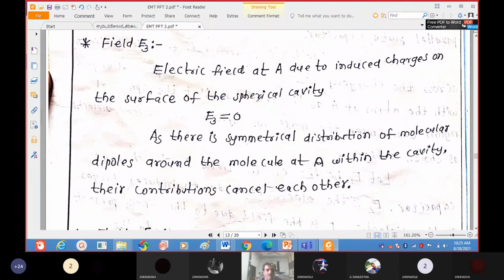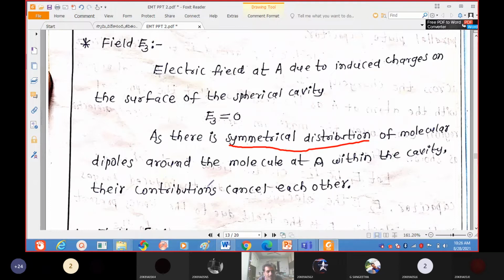Now electric field E3. What is E3? Inside the spherical cavity there are many atoms, having a symmetrical distribution of molecules or atoms.